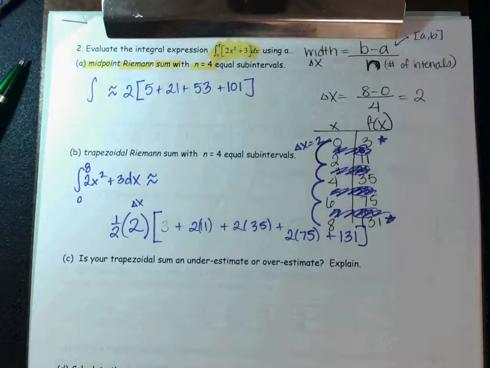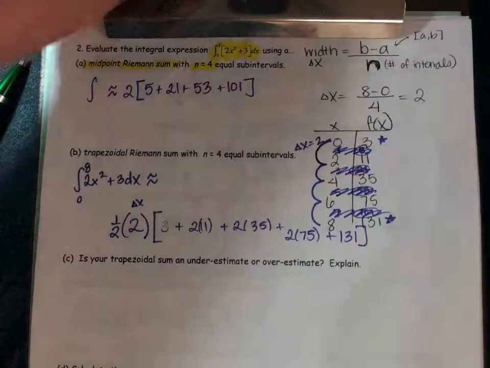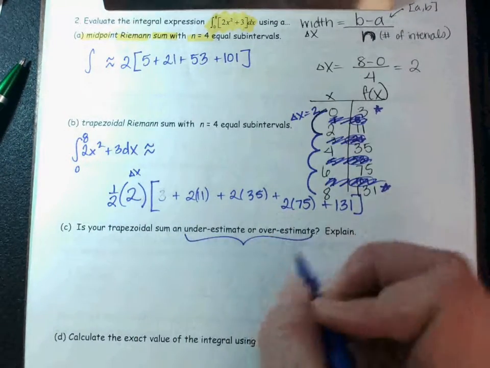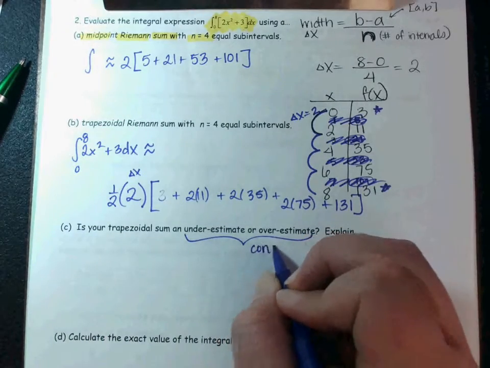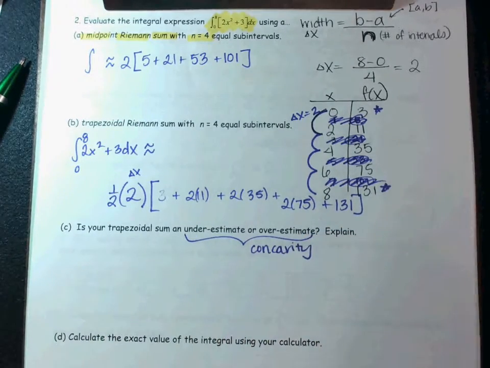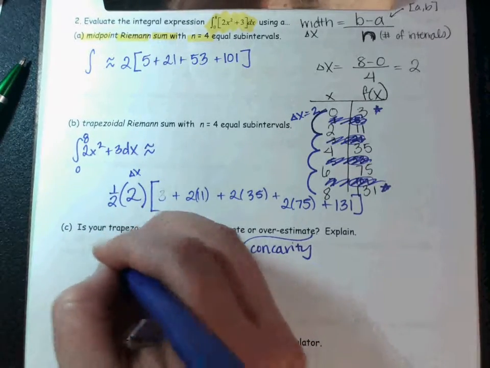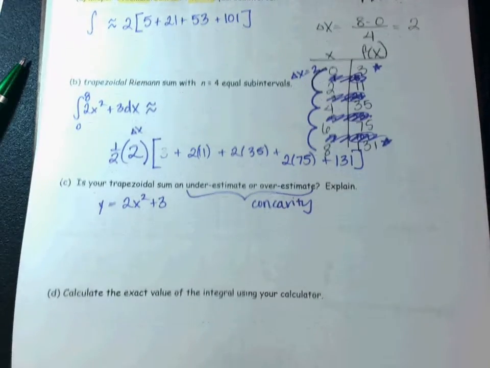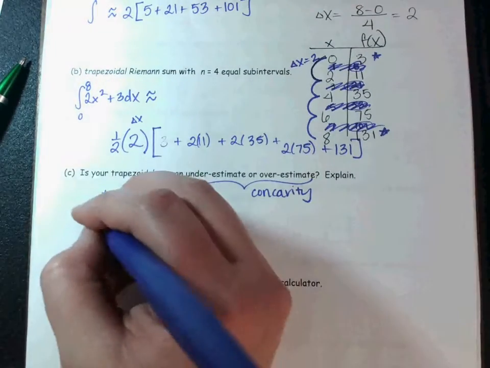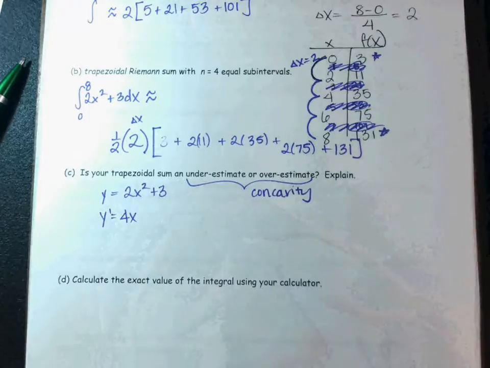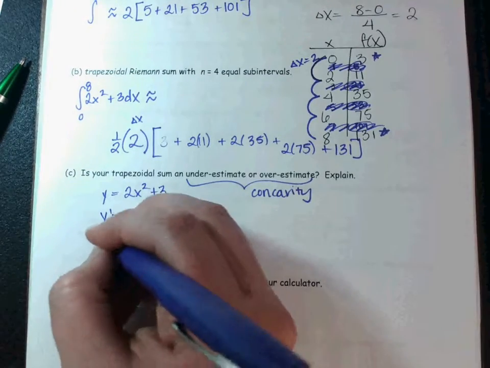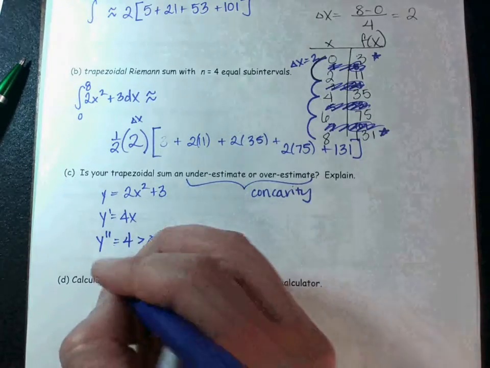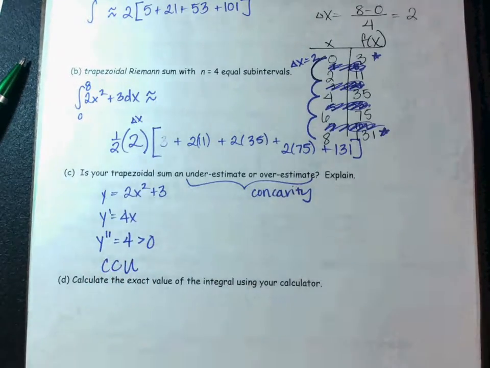Next question says, is your trapezoidal sum an underestimate or an overestimate? Well, remember, the only way that you know that for a trapezoid is based on concavity. Okay, so lucky for us, if y is 2x squared plus 3, hopefully you know what concavity that is, but pretend you didn't, then y prime would be 4x, and y double prime would be 4, which is greater than 0. What does that tell me about my concavity? That it's concave up.